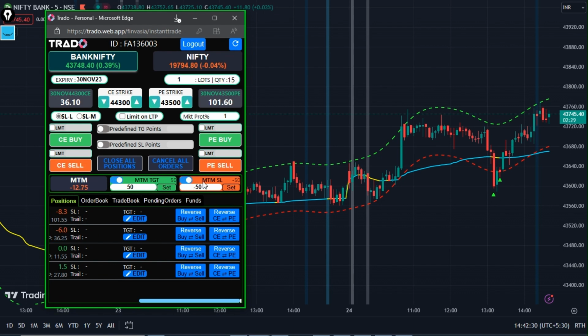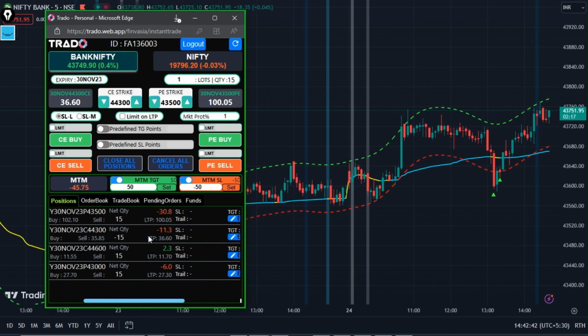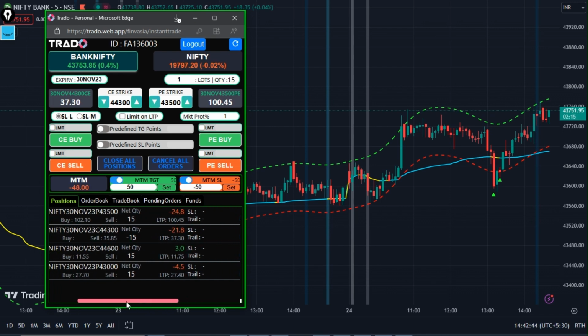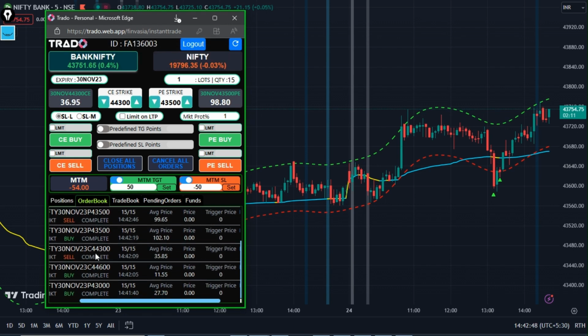See, if it hits minus 50 rupees, it will simply exit all my positions, and if it hits positive 50 rupees, it will exit all this running position. You don't have to worry about your hedge benefits. See, all my running positions got exited.